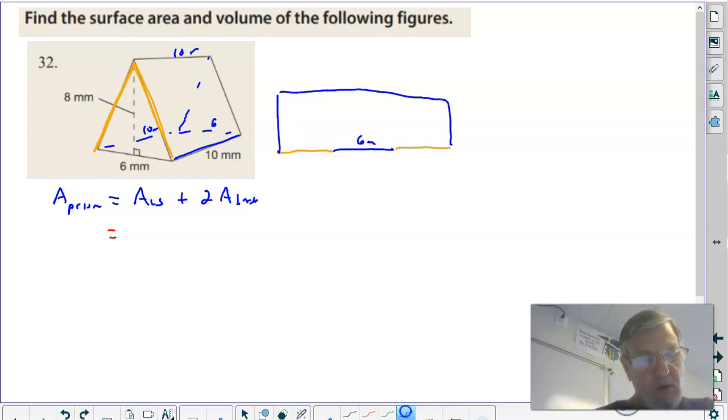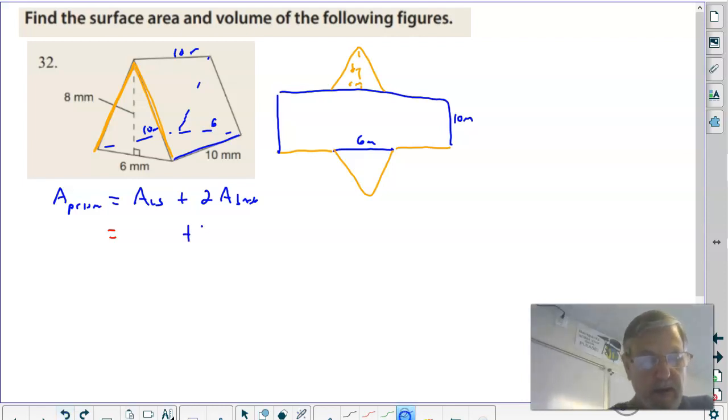And we know that this value here is 10, okay? So, and then we have our base right here and our base right here. Let me do it this way. Right, so we know this is 6. We know that is 8.